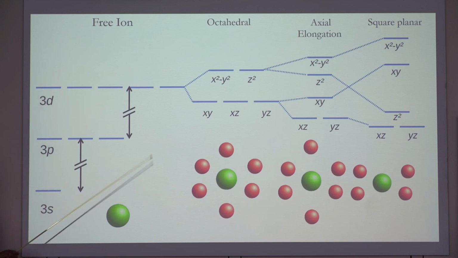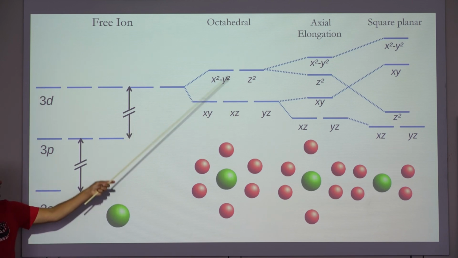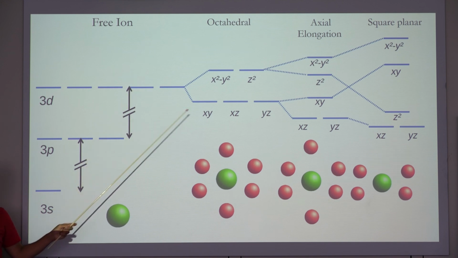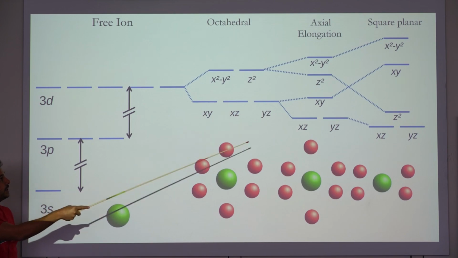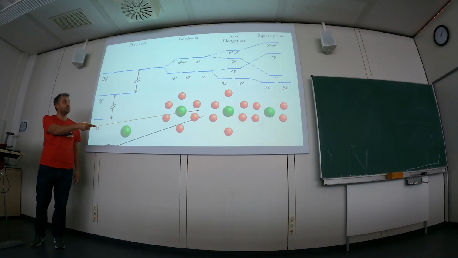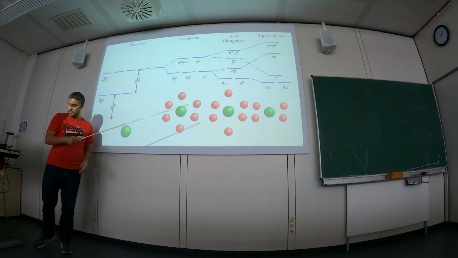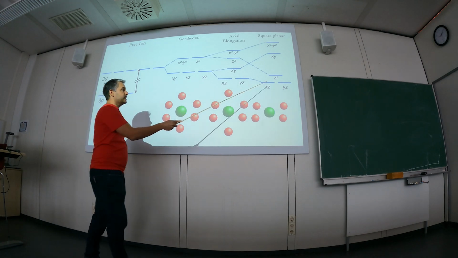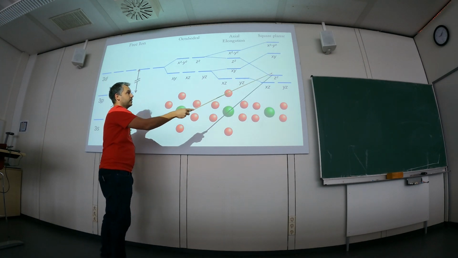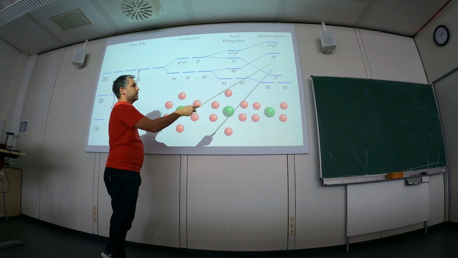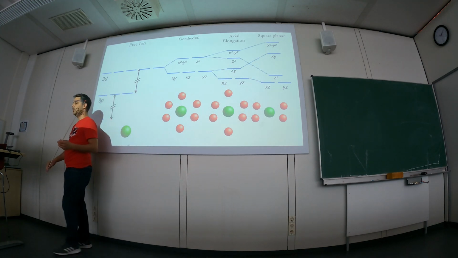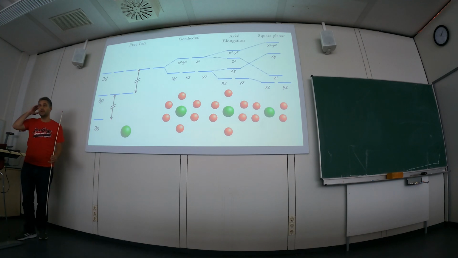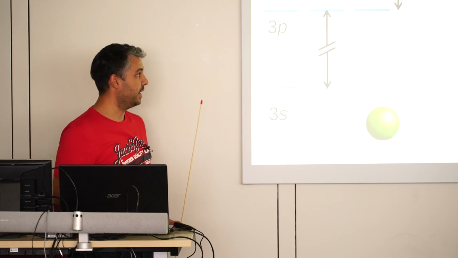When you put in an octahedral ligand field, you get a splitting, for example, of the d electrons. Everybody knows this. Then you have a further splitting when you have an axial elongation, and another case, a more extreme splitting, when you have a square planar case. That is all caused by the different ways of writing an electronic Hamiltonian.